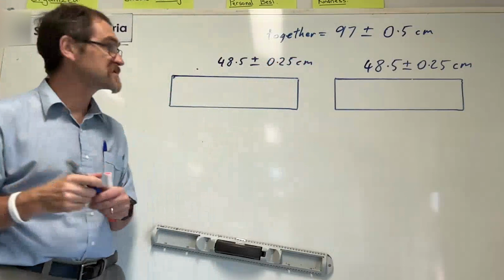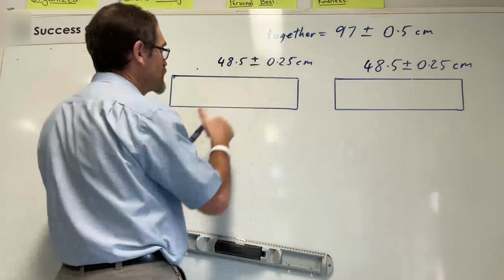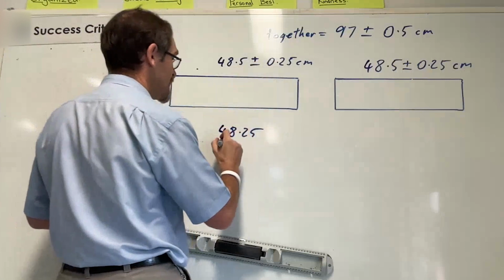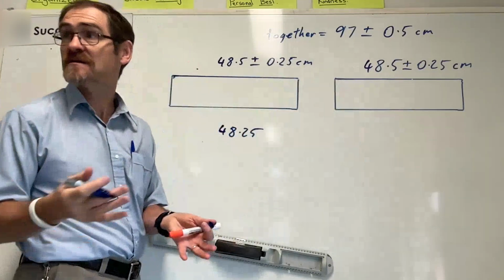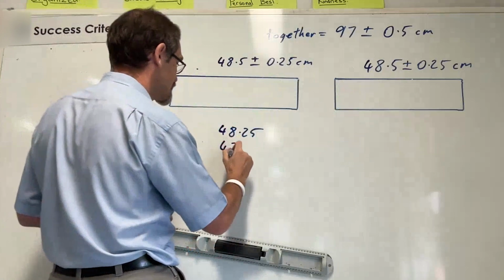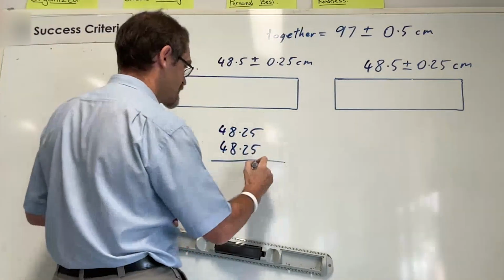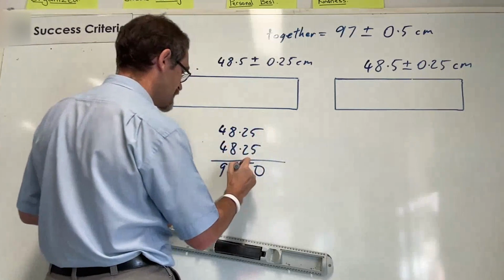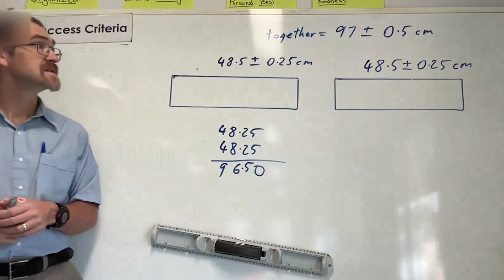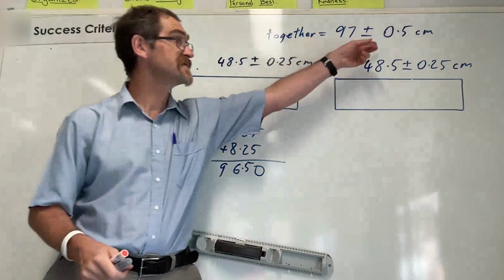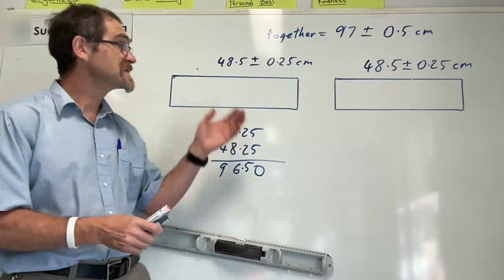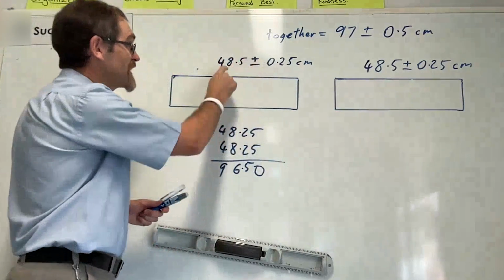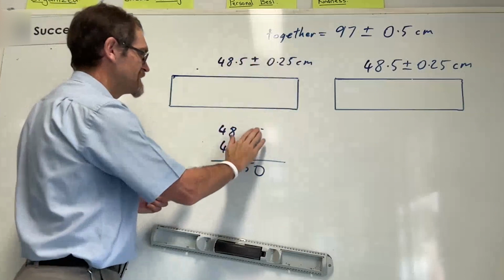What's the smallest it could possibly be? 48.5 minus 0.25, twice. 96.5 centimeters is the smallest it could be: 97 minus 0.5. What's the biggest that they could possibly be? We add them. So 48.5 plus 0.25.